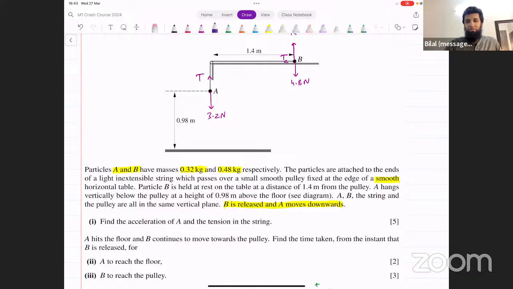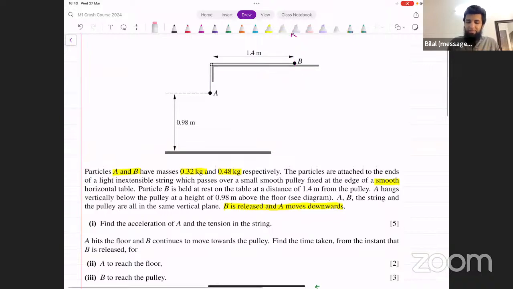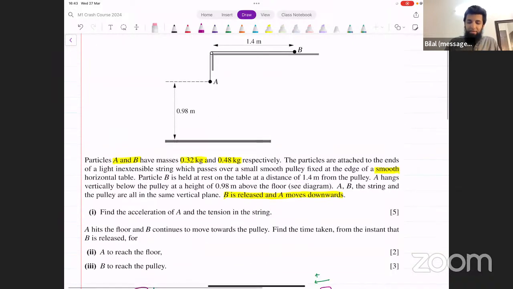Now, once you understand that, you'll have to break this journey into two parts. One part is while A and B are connected by the string and the string is taut. After some time, we found that time already in the first part, A is going to hit the ground. How much time does that take?